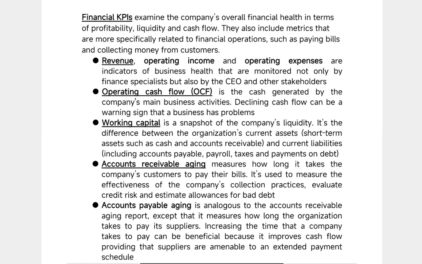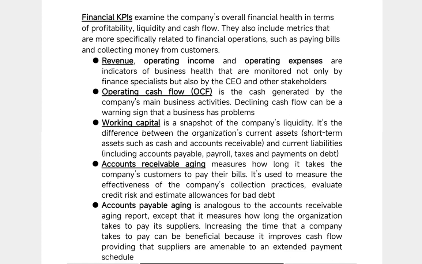Next is accounts receivable aging. When we say accounts receivable aging, it is the period of time a company's customers take to pay their accounts payable. So if you have a customer and the customer has a debt or needs to pay, the money they pay to you is what we call accounts receivable in a business.